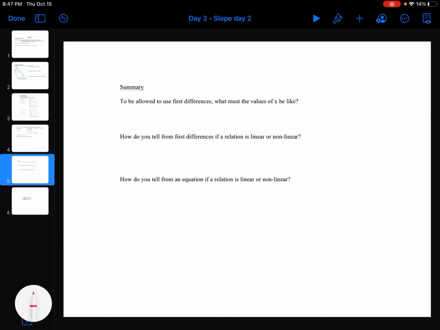All right. To summarize, to be allowed to use first differences, what must the values of x be like? They must change by the same amount. They must go up sequentially. How do you tell from first differences if it's linear?